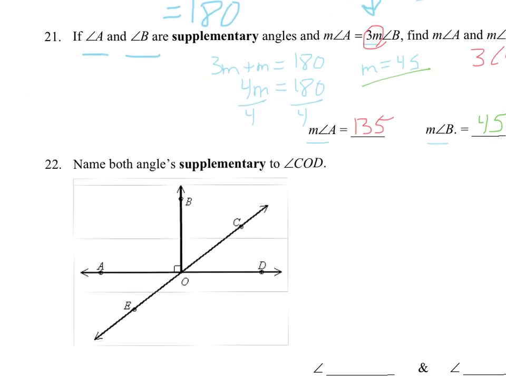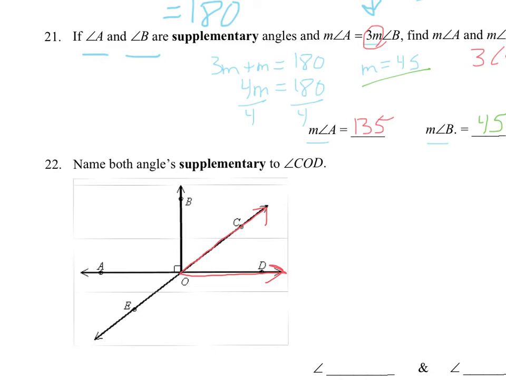Okay? Alright, next up we have number 22, and we're asked to find both angles supplementary to COD. COD is right here. So we're looking for two angles that basically will form a linear pair, which makes this supplementary.